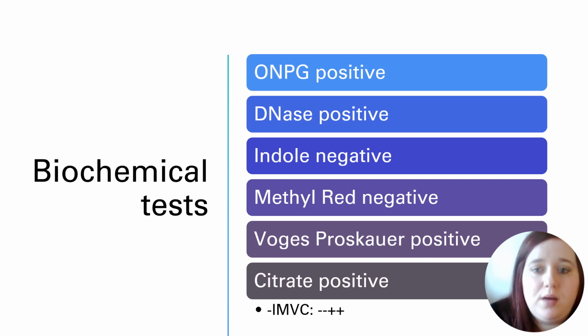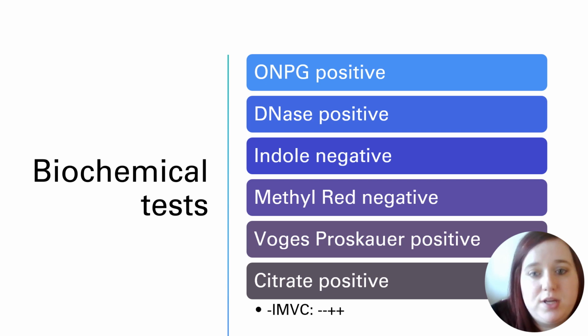Here we have some biochemical tests that help determine that this bacteria is in fact Serratia marcescens. It is ONPG positive, meaning it is a slow lactose fermenter. DNase positive, this determines the ability of an organism to hydrolyze DNA. Indole and methyl red negative, our VP will be positive.